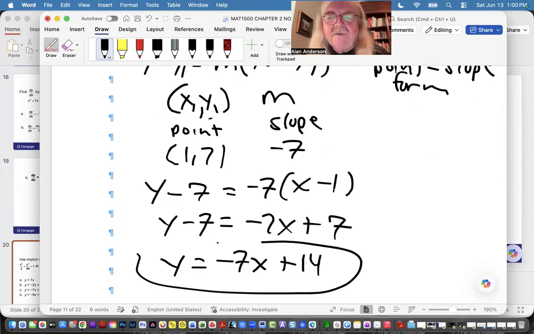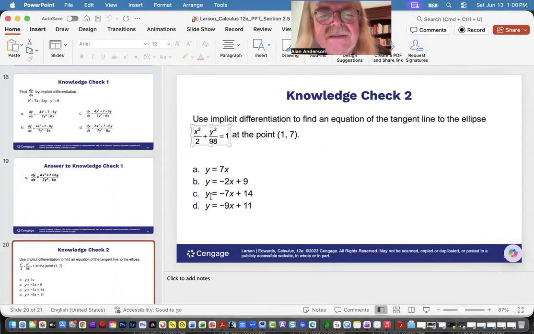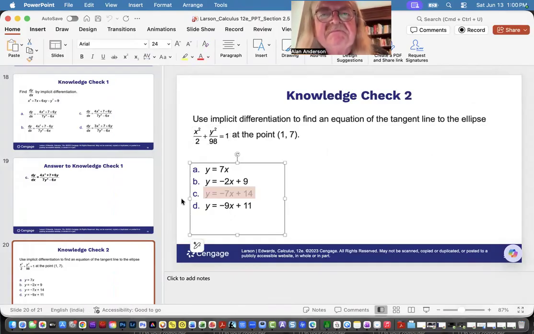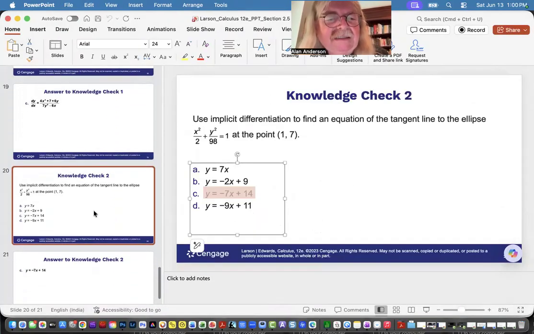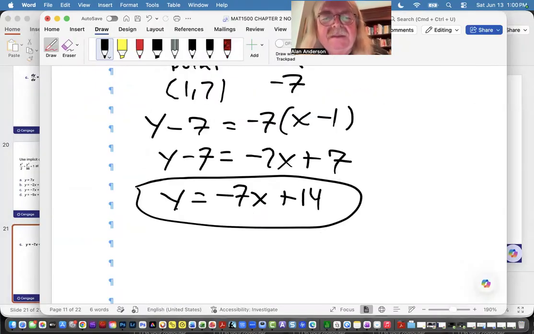And we got a result. Okay. Negative 7x plus 14. And that would be C. All right. So that's that.